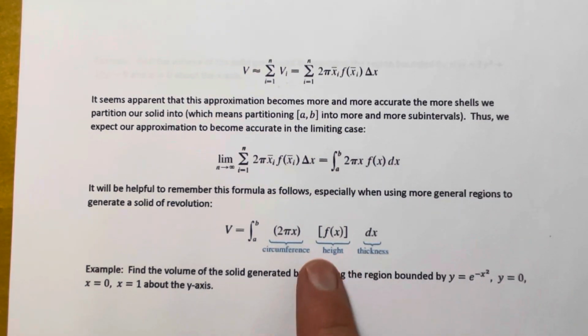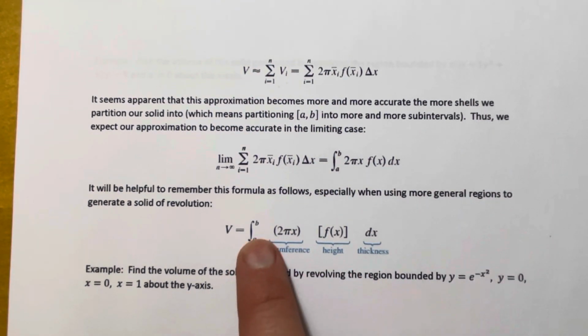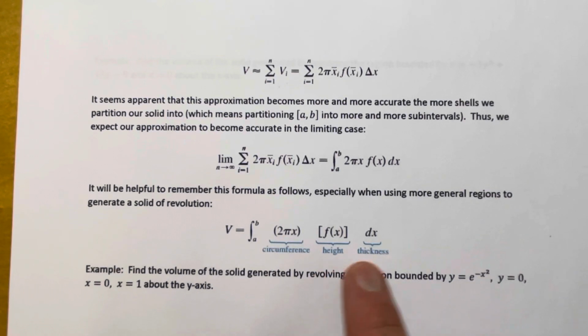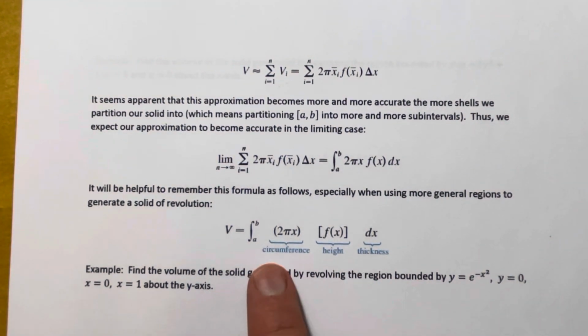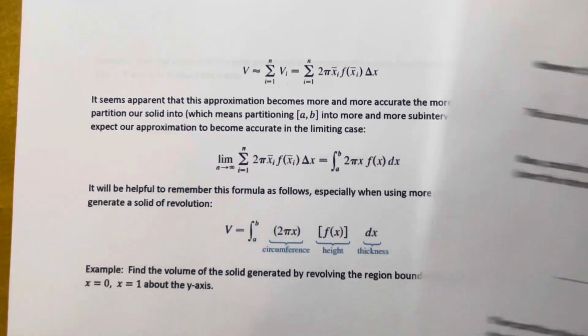But it will work if we think of it more generally as the integral from a to b of the circumference times the height times the thickness, just like how we are thinking about the volume of a cylindrical shell, where we understand the circumference to be 2π times x. And what is x really?